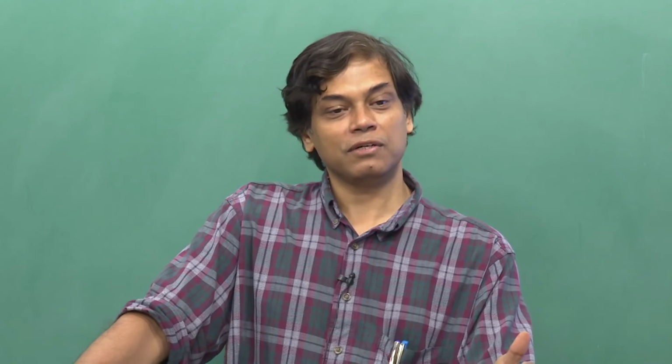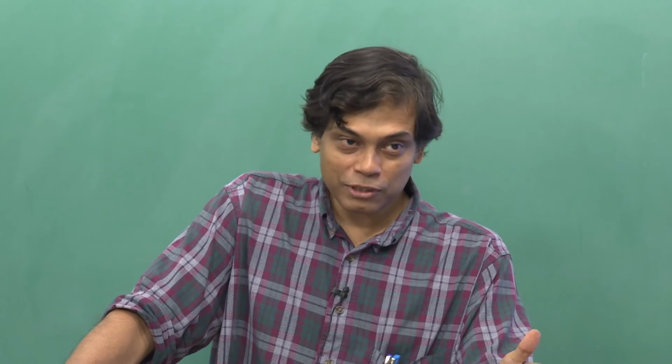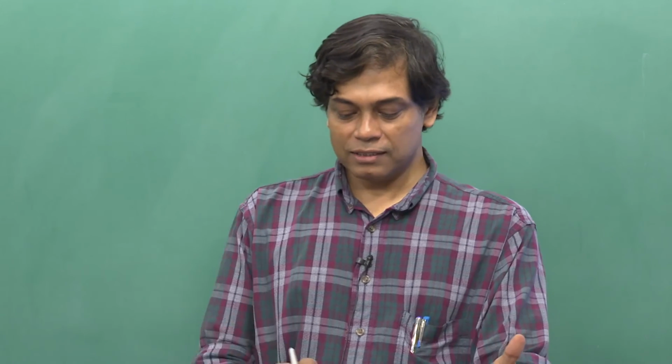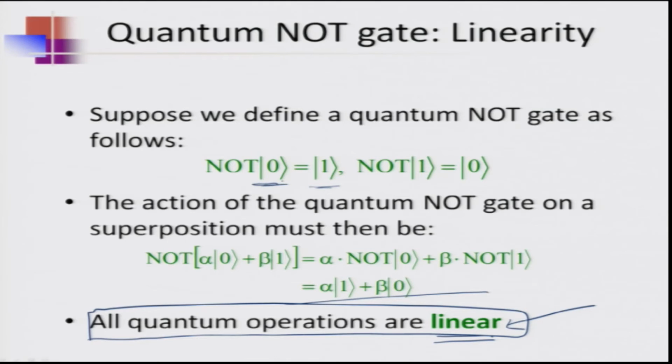Whenever you use a Hamiltonian, the Hamiltonian is linear. Whenever you use a momentum operator, the momentum operator is linear. The position operator is linear. Okay. So, that is the point: if it works for any particular set, then all the superposition states should also follow that, which means that a requirement of quantum operations is that they are going to be linear.